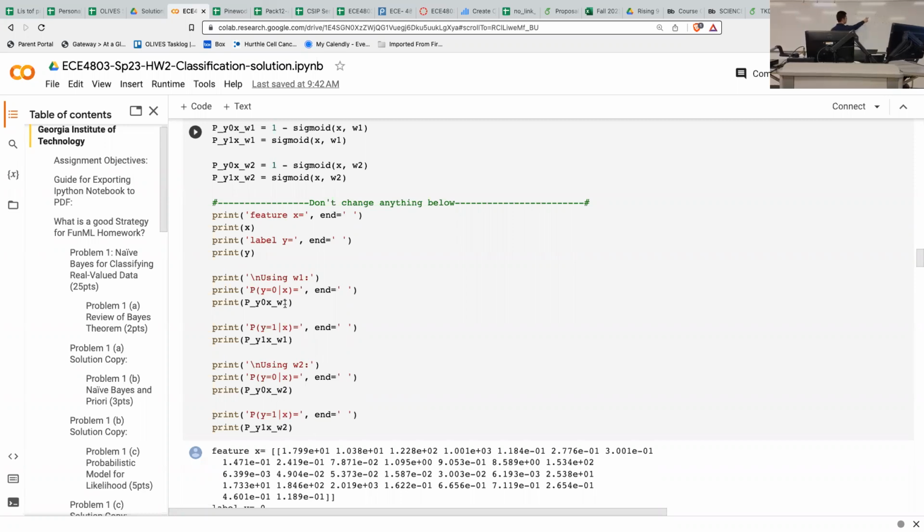Looking at this, what would you have? Let me write it here. If you take the derivative of this with respect to w, what would you have? You have two arrays multiplied. You have a dot product. I'm taking the derivative with respect to w, so we will have minus yi multiplied by x.